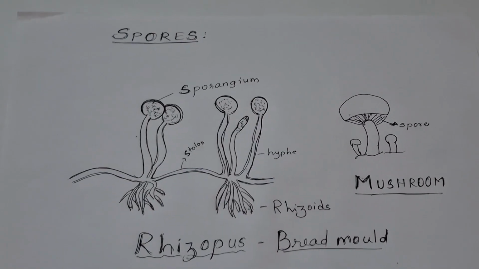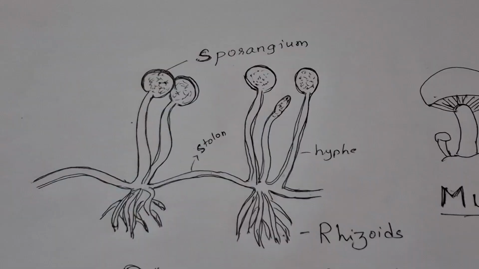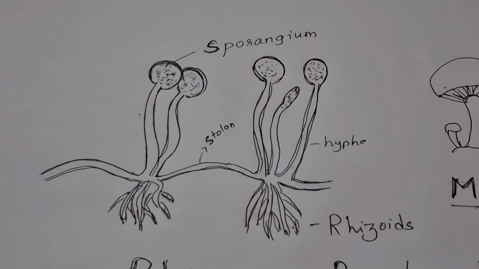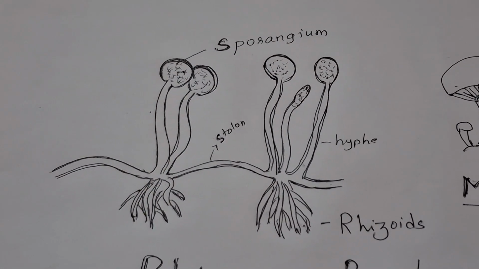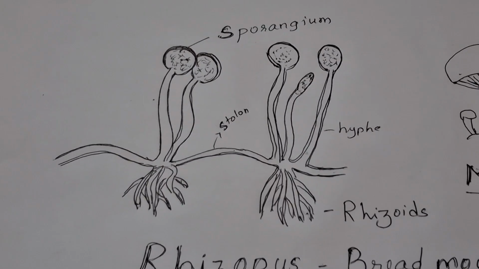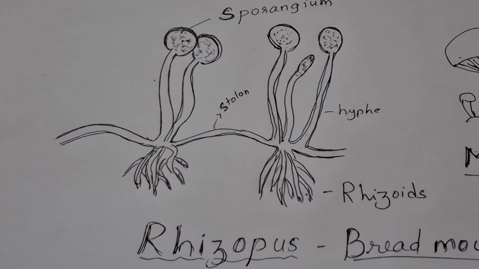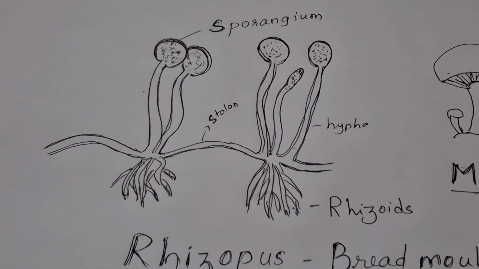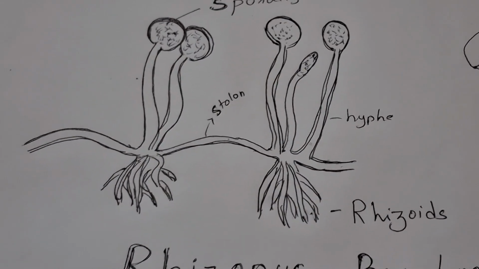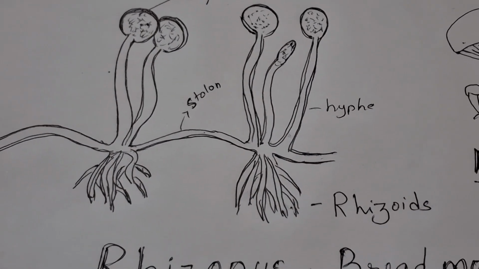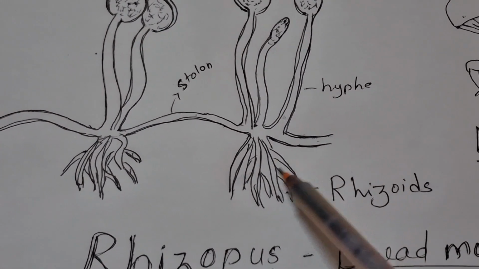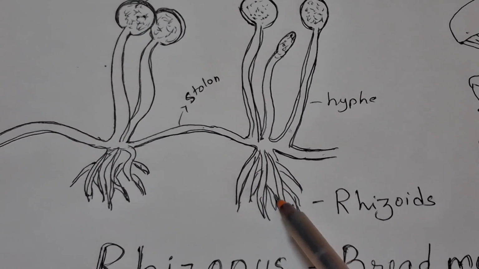The next type of reproduction is through spores. This is Rhizopus. It's a saprophytic fungus which grows on organic substances like bread and vegetables. This Rhizopus consists of a root-like structure. These are the rhizoids.